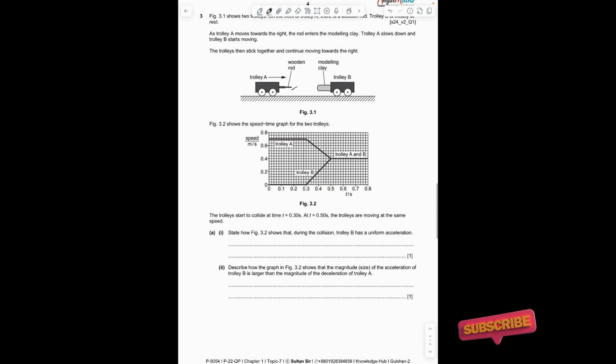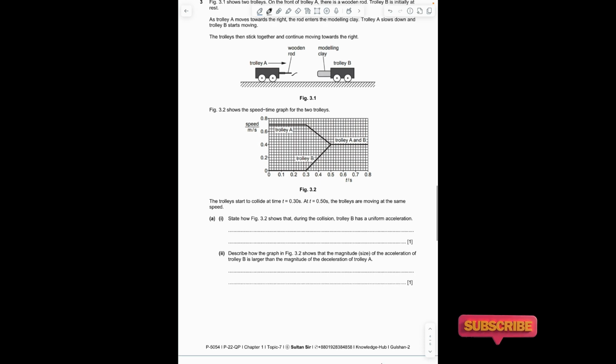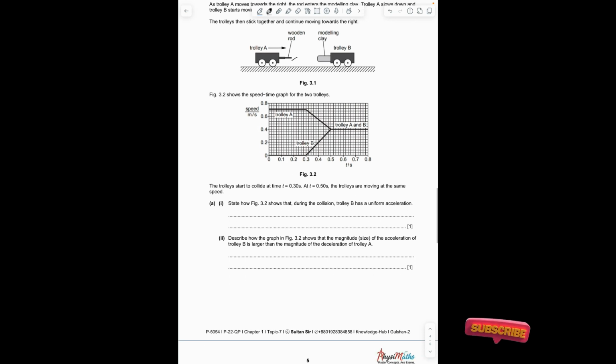Figure 3.2 shows the speed-time graph for the two trolleys. The trolleys start to collide at t equal to 0.30 second. At 0.50 second, the trolleys are moving at the same speed. Describe how figure 3.2 shows that during the collision, trolley B has a uniform acceleration. Which one is trolley B?